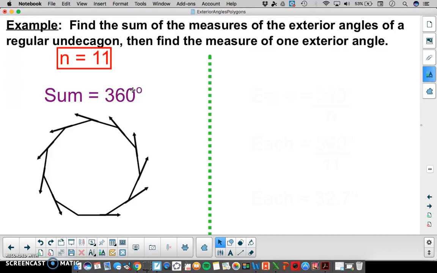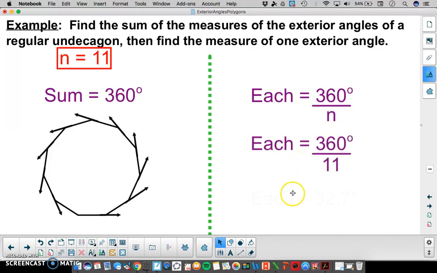For any polygon, the sum is 360 degrees. To find just one of those, I'm going to use that each formula. Each is equal to 360 divided by n. So 360 divided by 11 gives me approximately 32.7 degrees.